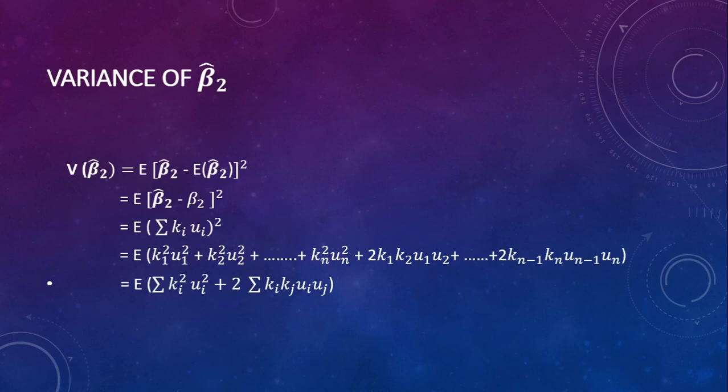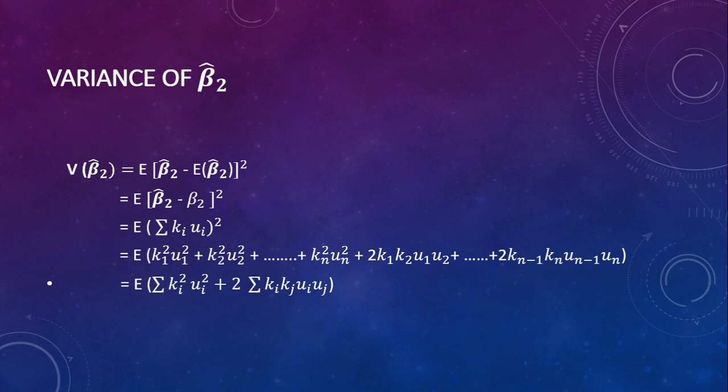Now let us prove that beta 2 hat is the best estimator of beta 2. So first let us calculate the variance of beta 2 hat. Variance of beta 2 hat is equal to, this is the equation used to find out the variance of beta 2 hat. Variance of beta 2 hat is equal to expected value of beta 2 hat minus expected value of beta 2 hat, the whole square.